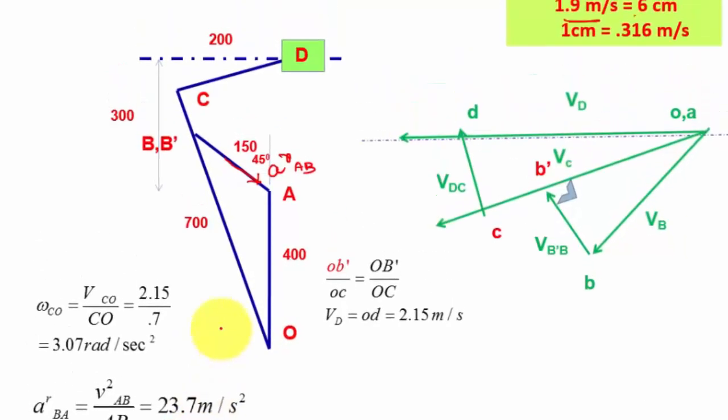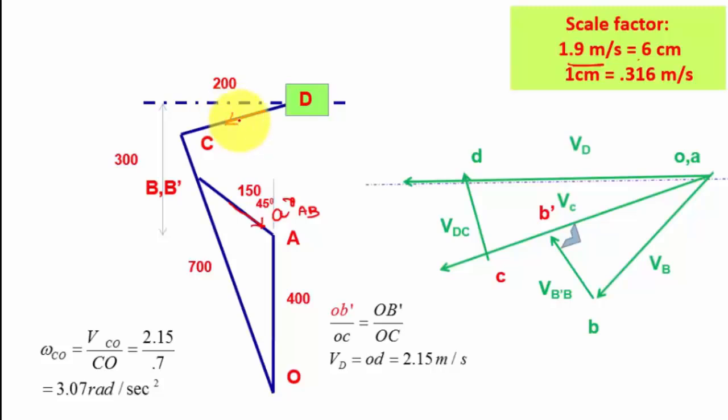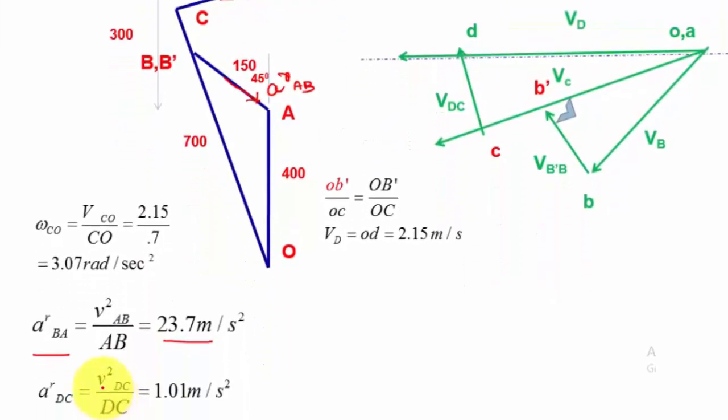Next one, A radial of DC equal to velocity square of DC divided by DC. Again DC value is 0.2 meter, and VDC you measure, convert into meter per second, and then divide by DC, you will get 1.01 meter per second square.